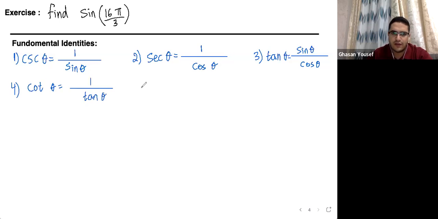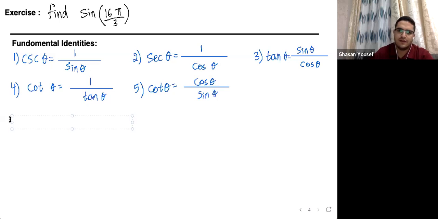And also the cotan, number 5, the cotan of theta is the reciprocal of this, the cosine over the sine, cosine of theta over the sine of theta. This is called the fundamental identities. And we have another set of identities, the Pythagorean identities.